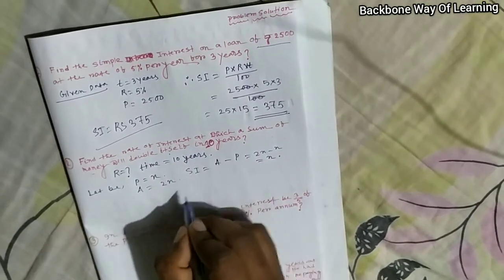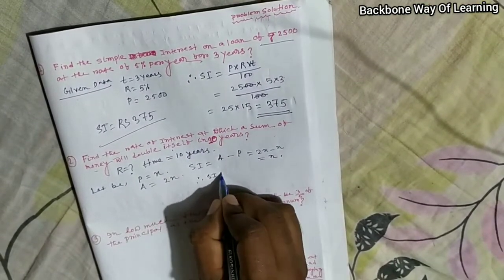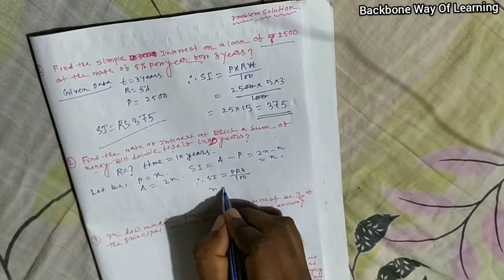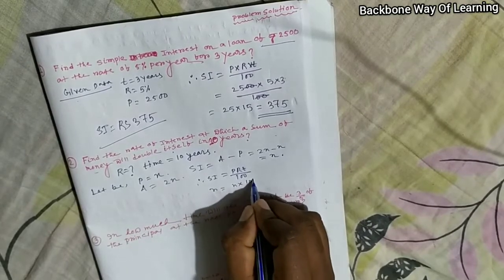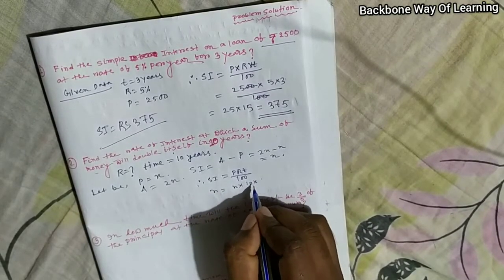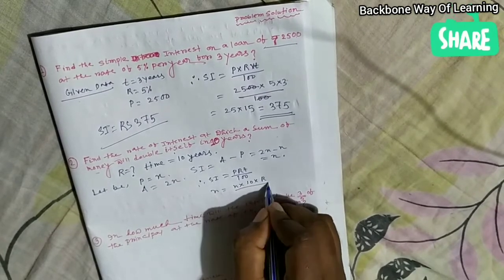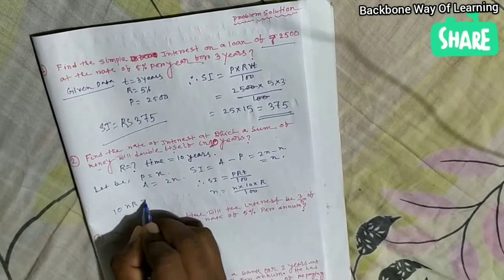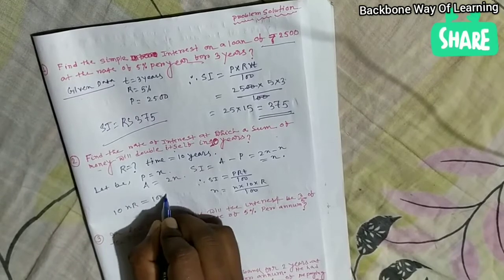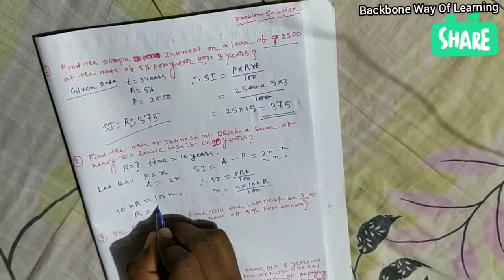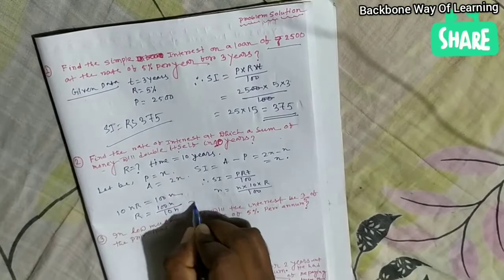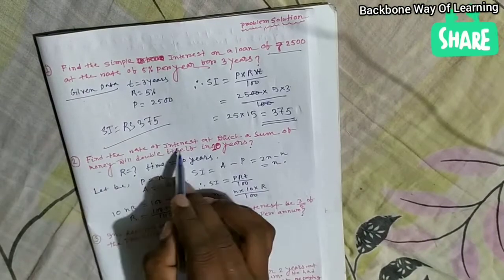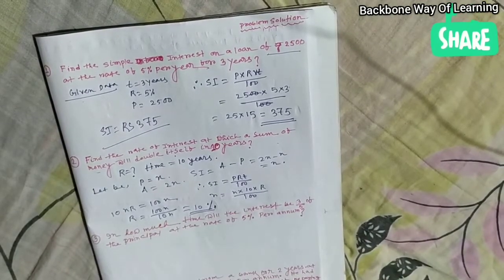Put the formula, therefore SI is equal to PRT by 100. Solving, this is the answer: rate of interest is equal to 10%.